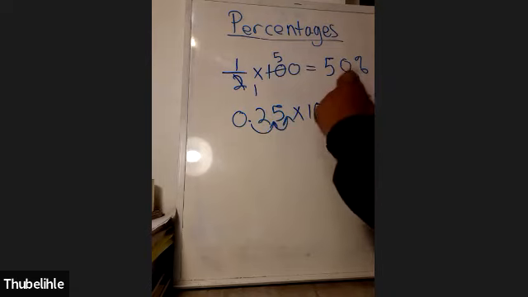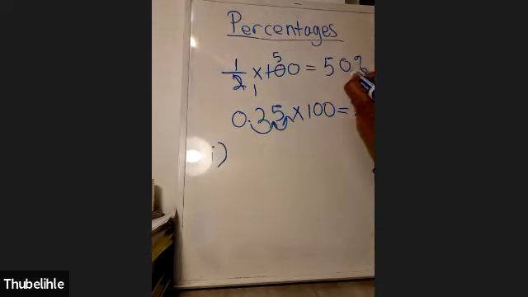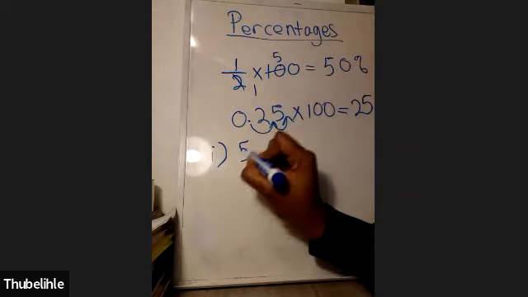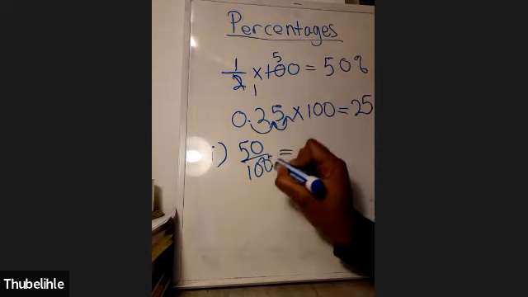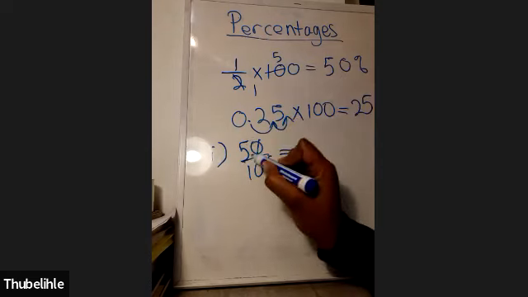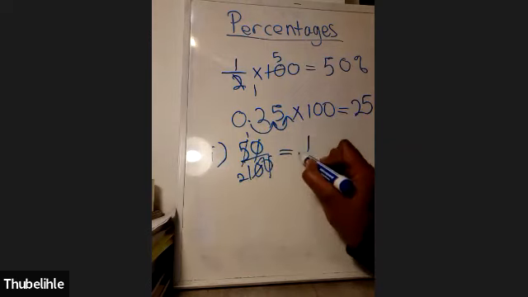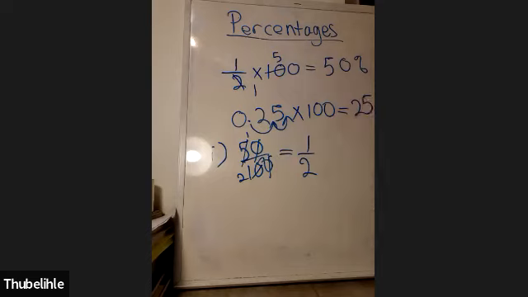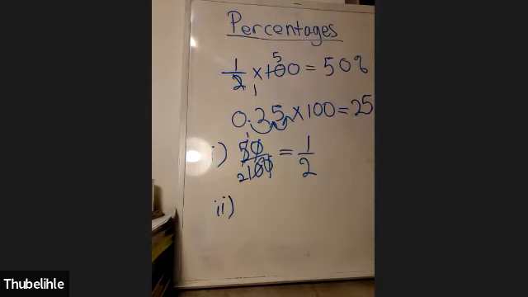So now to go back from 50% to half, let's take 50% back into a half. We said this means it's over 100. So we have 50 over 100. If we reduce it into lower terms, 5 into 5, 1, 5 into 10, 2. So we've gone back to a half. Same way with the decimal, we have 0.25.